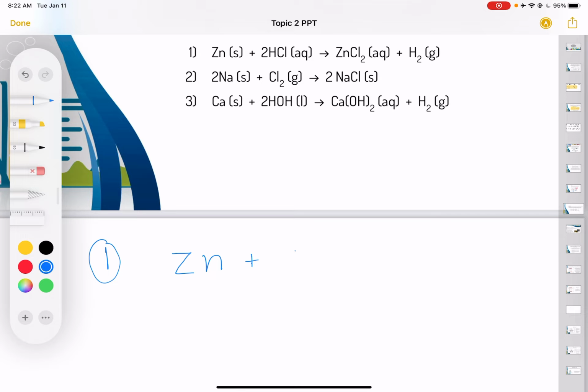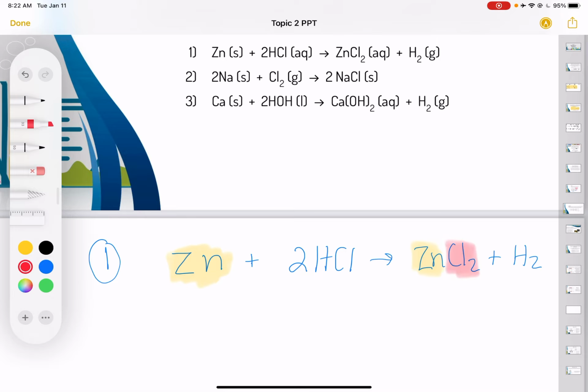So we got Zn plus 2HCl gives us ZnCl2 and H2. Okay, so the first thing I would do in any of these types of reactions is probably identify. You could do it like this or circle it in some way.